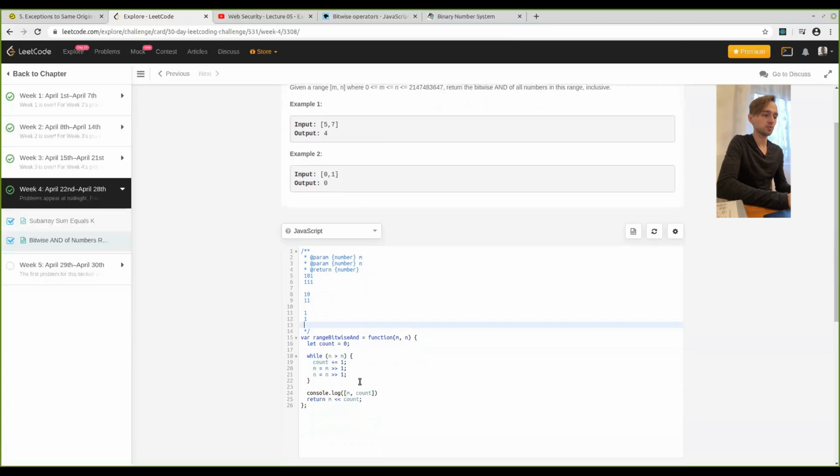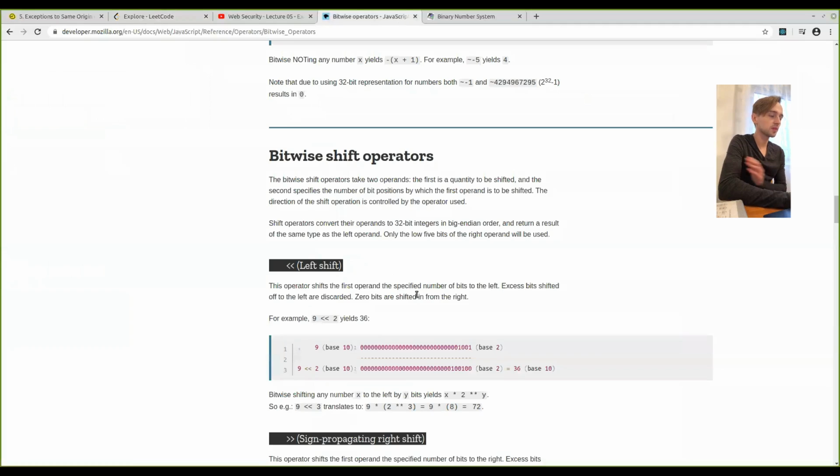So you can see the implementation right here. We simply initialize count and set it to 0. Then while n is greater than m, so they're not equal yet, we increment the count so we can eventually shift back, and then we reassign m and n to themselves shifted by 1.